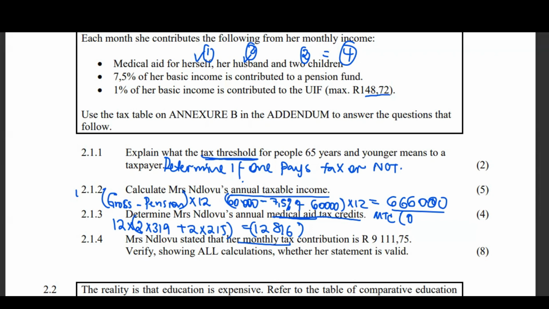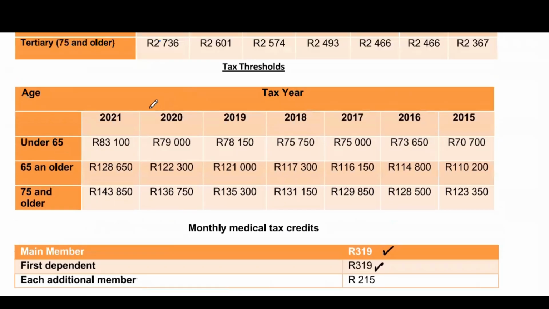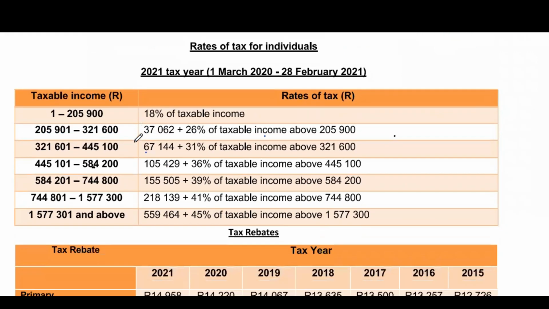So we need to know, first and foremost, we know the taxable income. But which bracket does it belong to? We shall come to the tables here. 666,000 is in bracket number 1, 2, 3, 4. It's in bracket number 5.